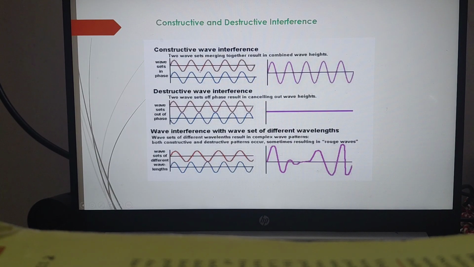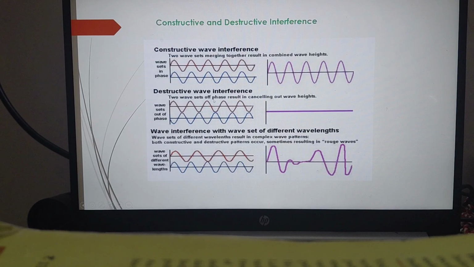So these two waves travel with the same amplitude and the resultant wave will be with the highest intensity.